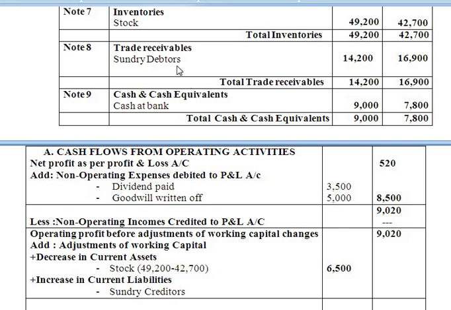Now next current assets we need to check. Next one is sundry debtors. The amount of sundry debtors is 14,200 in 2018, and in 2019 it is 16,900, which means an increase in current assets, so it will not come here. Cash at bank, it will come?